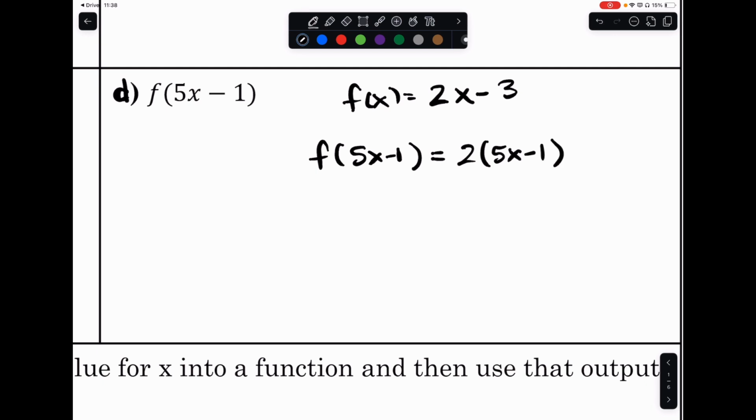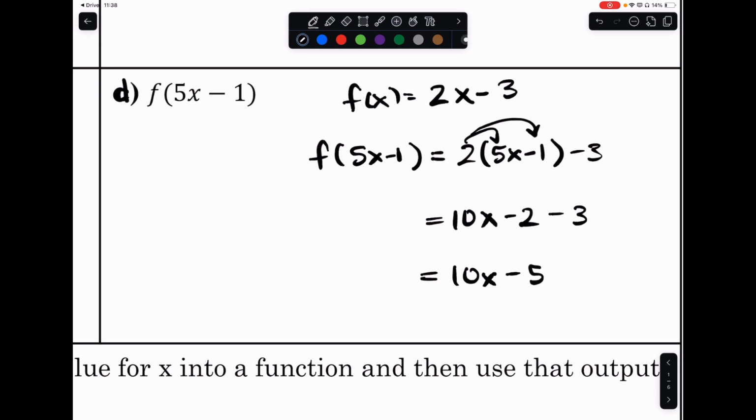So instead of 2x minus 3, it's going to be 2 times (5x minus 1) minus 3. To simplify this, it requires us to distribute. So we're going to end up with 10x minus 2 minus 3, which simplifies to 10x minus 5. So f of 5x minus 1 equals 10x minus 5.